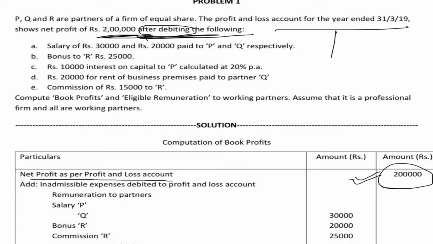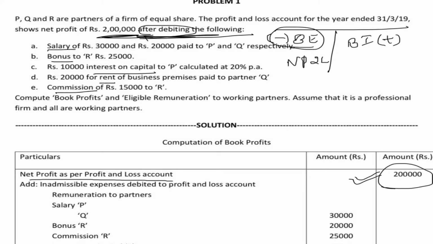For example, all your business income minus your business expense is your net profit, right? We have net profit of rupees 2 lakh in the problem. So here business expenses like salary, bonus, interest on capital, rent and commission are already debited, that is deducted on the debit side of the profit and loss account.